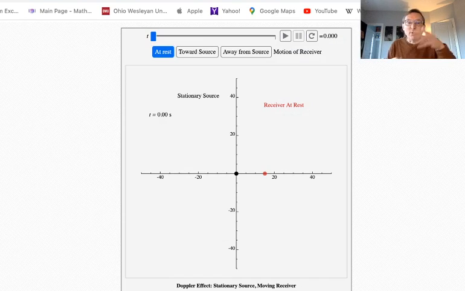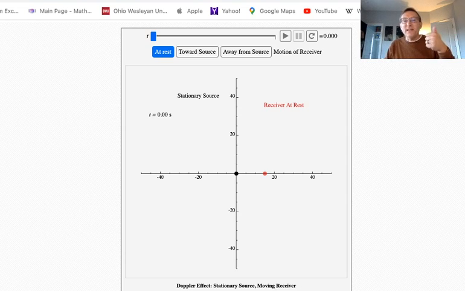in which we have a coordinate system and we have a source of sound that is sitting at the origin. It's that large black dot at the origin, and that source of sound is not going to move. It's stationary. And the first thing I'm going to do is just run the animation, and it's going to start in case 1 with the detector, the receiver, also being at rest.